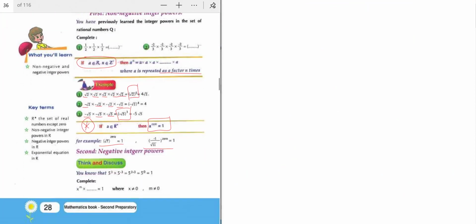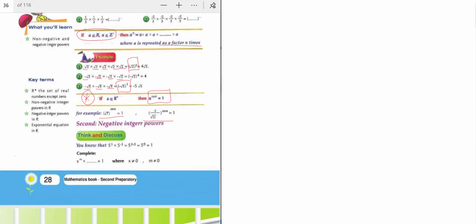Second, negative integer powers. 5 power 3 times 5 power negative 3 equals 5 power 3 minus 3. When multiplying like bases, we add the powers. 3 plus negative 3 equals 0. Any number power 0 equals 1.